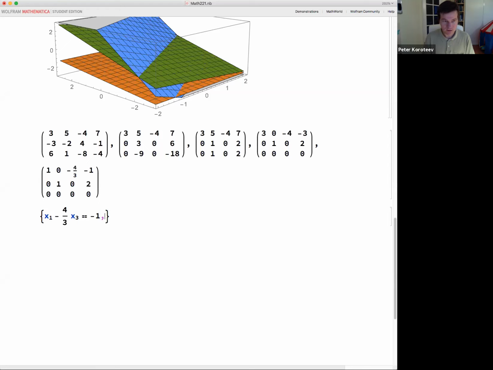And then x2 is equal to 2. And x3 is 3, right? These are the only conditions that we have, right? So therefore, the general solution would look like this.